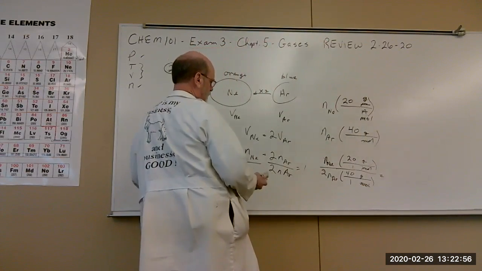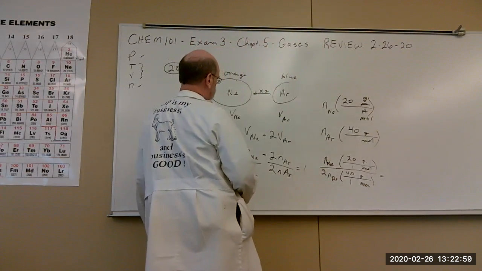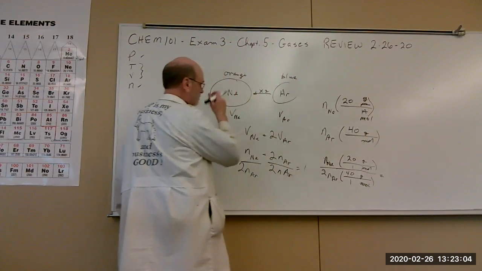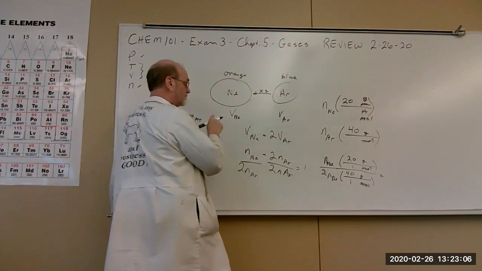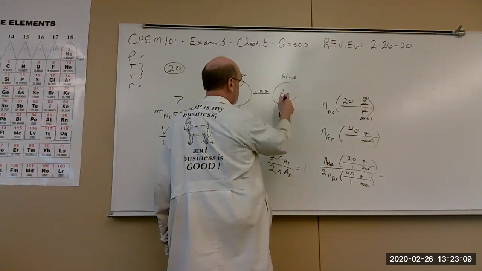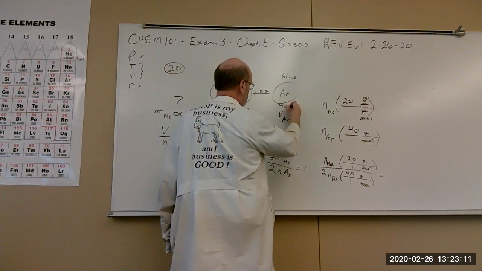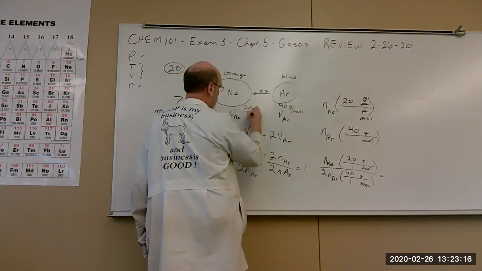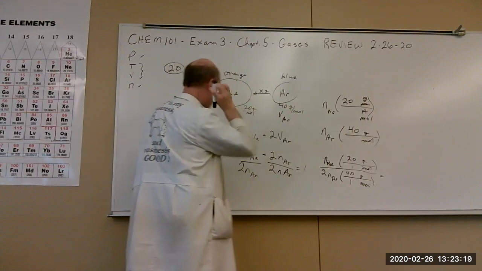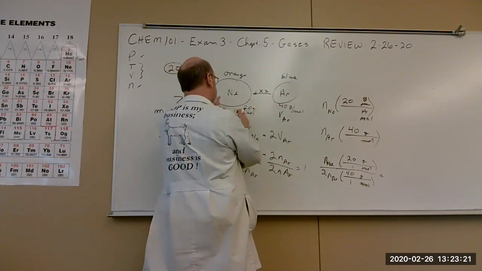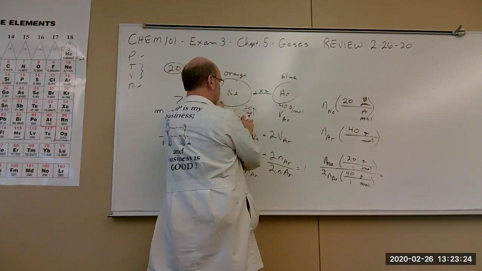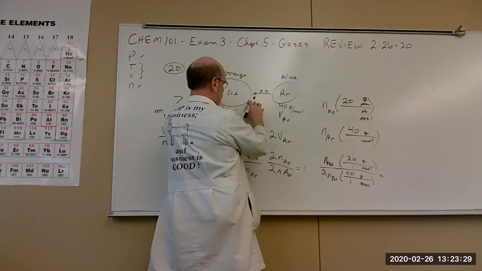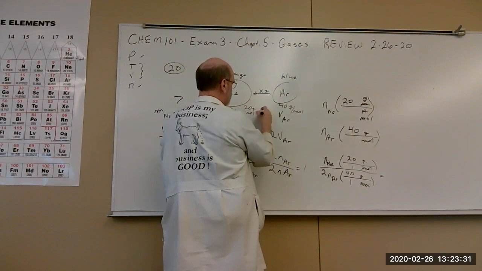Let's try it rather than using algebra. Let's try it from a purely logical form. If argon is 40 grams per mole and neon is 20 grams per mole, if we have twice as much neon, its factor is going to be twice this. So they're actually equal.